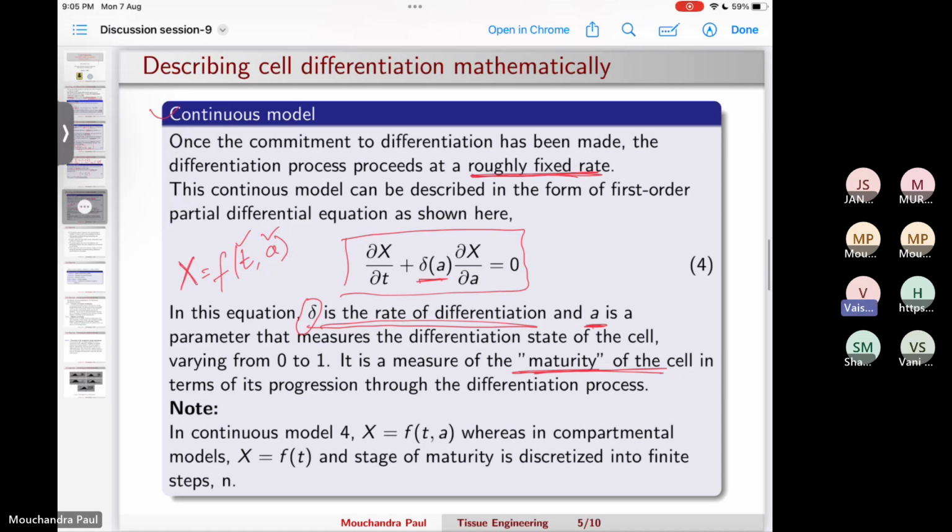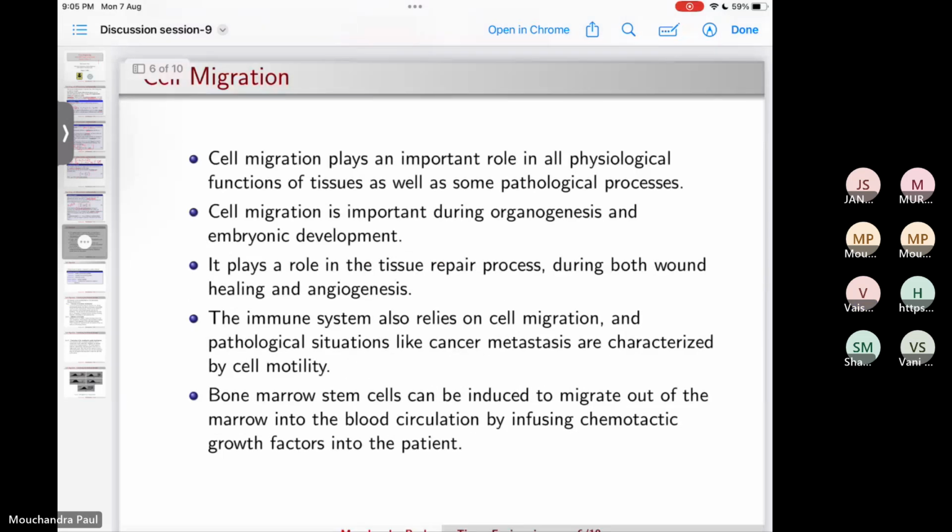Okay. Yes, ma'am. So this was all about the differentiation process. Now we will move on to the next cellular fate process, that is cell migration. From this term you can understand that I am talking about the mobility of the cell. The cell is moving from one place to another.